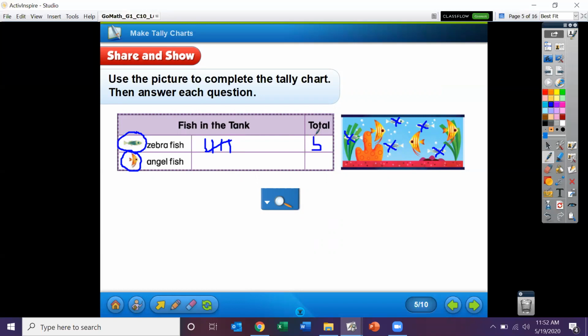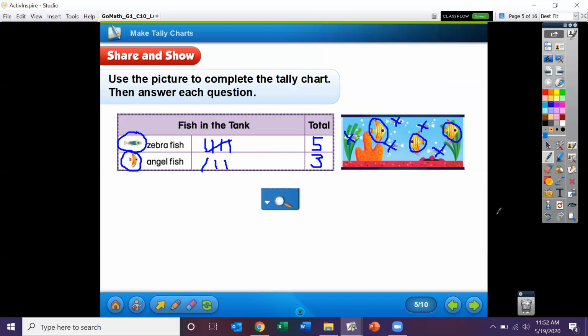And then we're going to write the number 5 over here. Now let's count our angelfish. I'm going to circle them since we put X's on the zebras. 1, 2, 3. So 3 tally marks. And we're going to put the number 3 in the box.